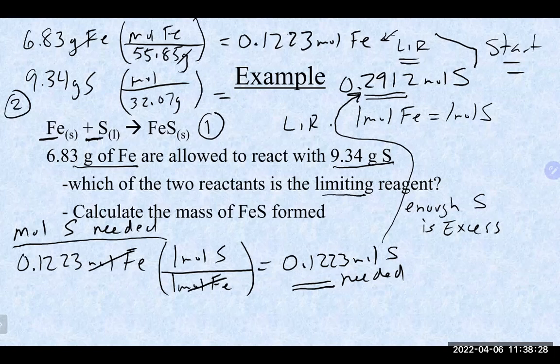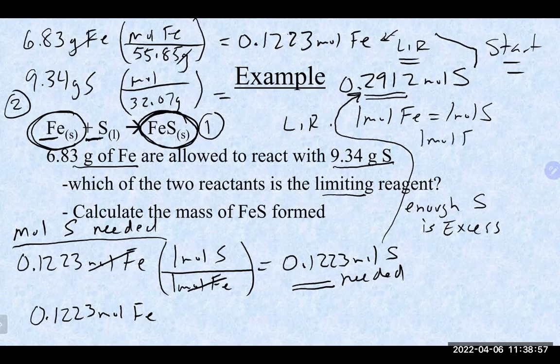Now, once I have determined that the iron is the limiting reagent, I could actually go back to the stoichiometry part and do step number 3. I'm going to use the starting amount of my limiting reagent, which is 0.1223. I am now going to do the relationship between the iron, which is the limiting reagent, and my iron(II) sulfide, which is what we're trying to find, which also happens to be, makes the math easy, 1 mole of iron to 1 mole of iron(II) sulfide from the equation.